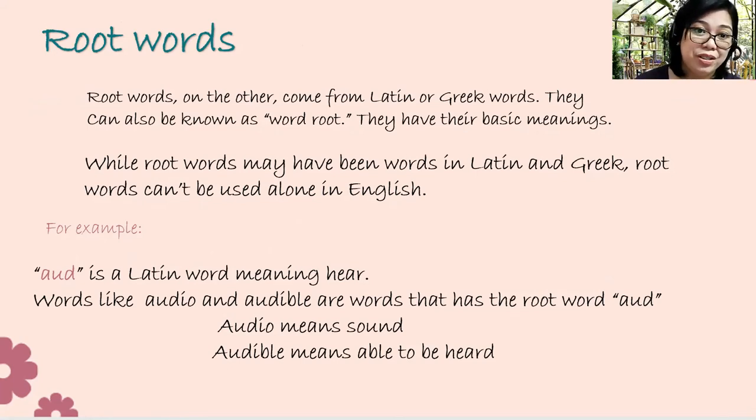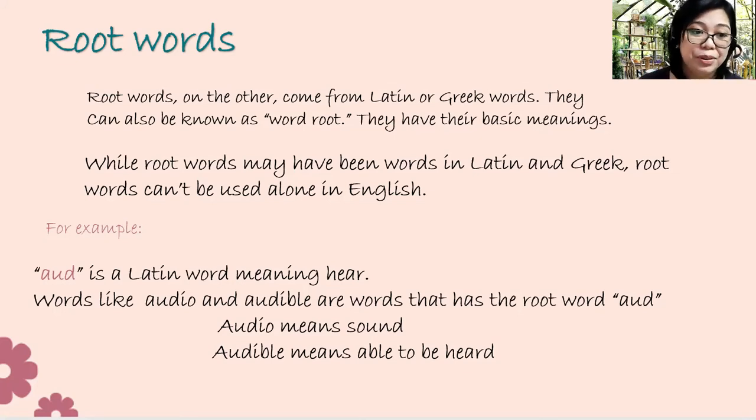Root words, on the other hand, came from Latin or Greek words. They can also be known as word roots, and they have their basic meanings, but they cannot stand alone in the English language.